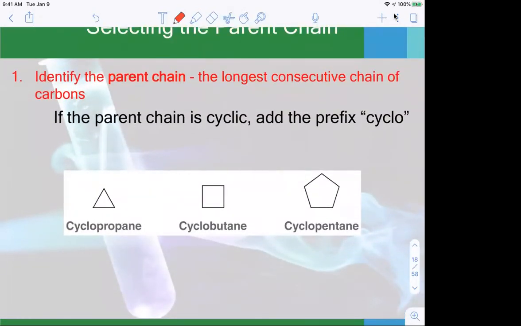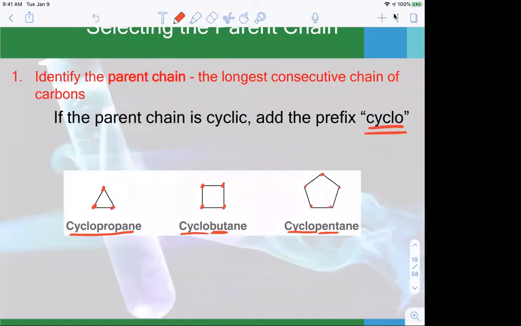If the parent chain forms a cyclic structure, I'm going to add the prefix cyclo. This is 3 carbons, but it's connected in a cyclic structure. So it's cyclopropane. 1, 2, 3, 4 carbons gives me a butane, but it's cyclo because it's cyclized. 1, 2, 3, 4, 5 will give me the pent for pentane, but it's cyclo.